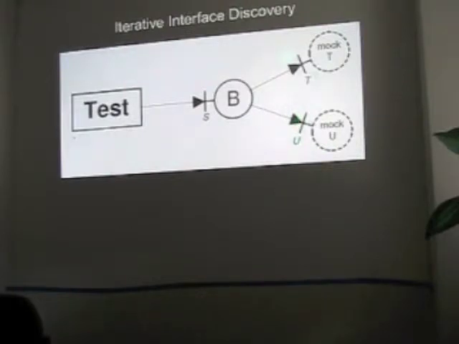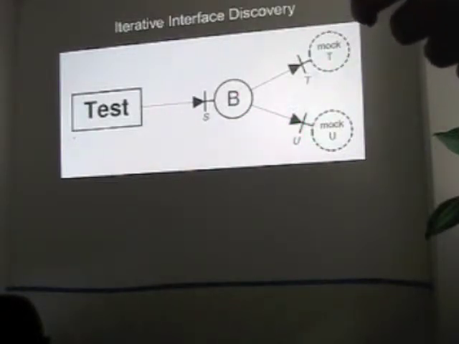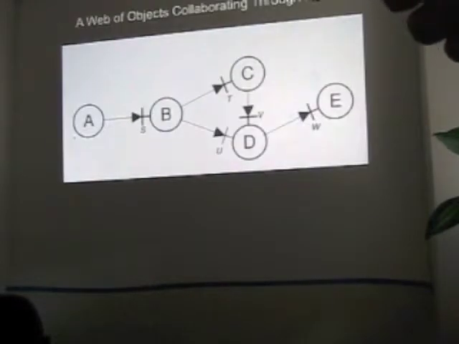I gradually discover all the different interfaces I need. Okay, Gabriel is working on some other thing I need from him also, so I have another contract with another team. And I start using another mock to replace Gabriel's module. And so on. So you have all these different interfaces.